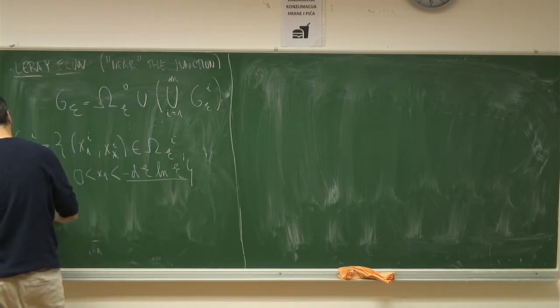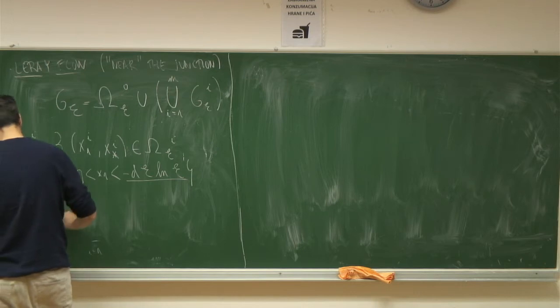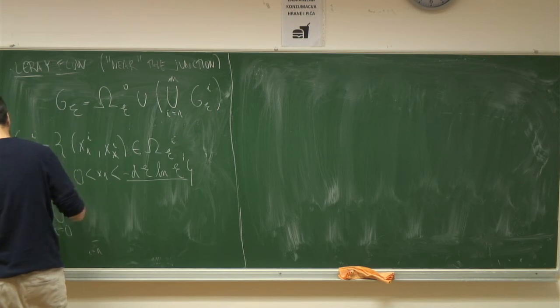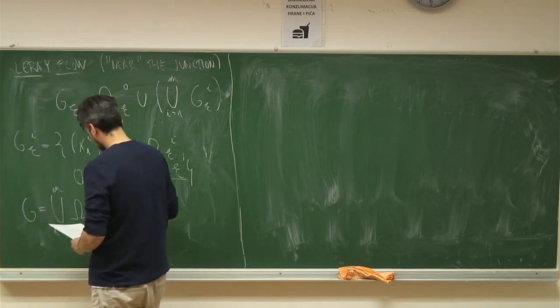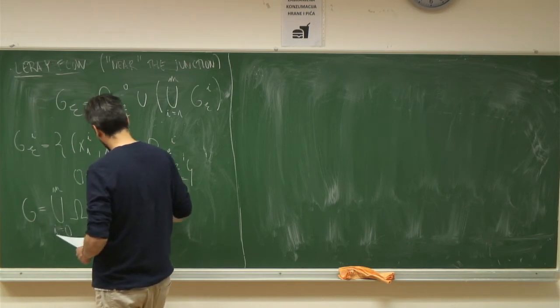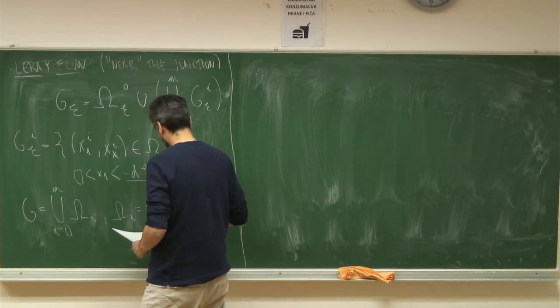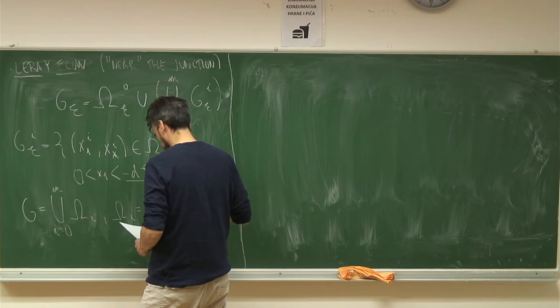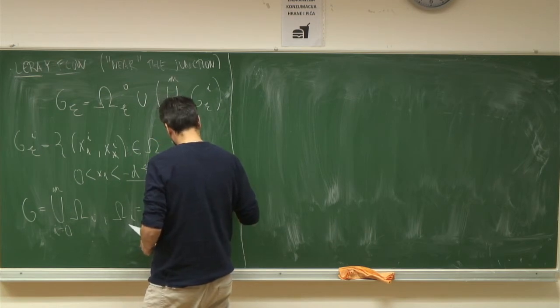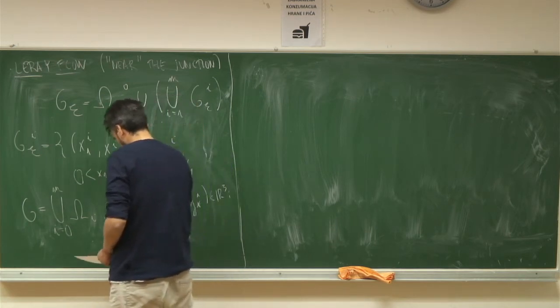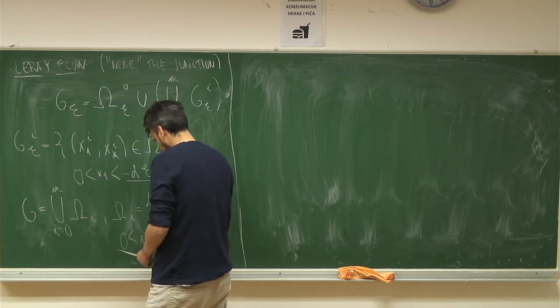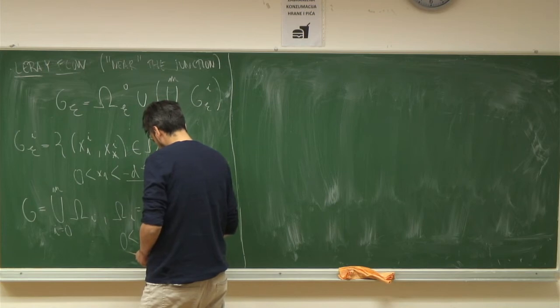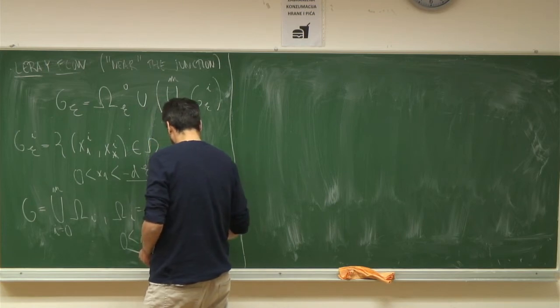You also have this notation, so G is the union of 0 to m omega I, where omega I is y1, y star I from R3, y1I, y star I from BI.